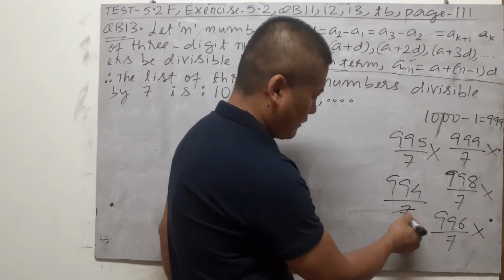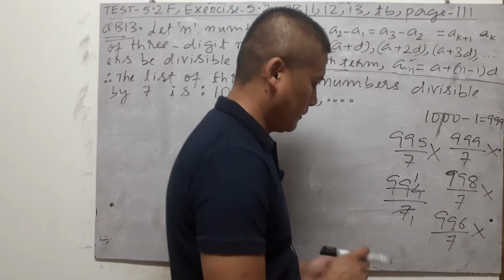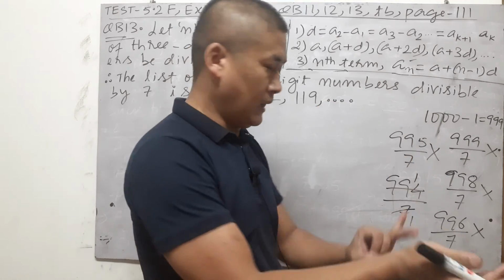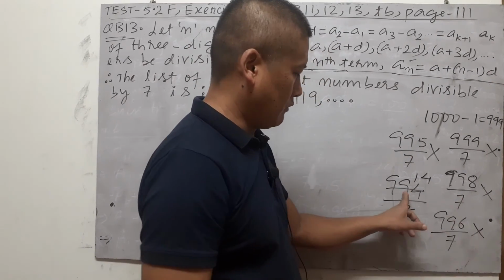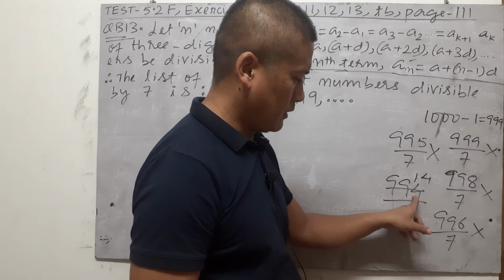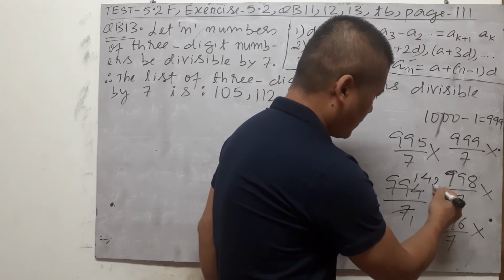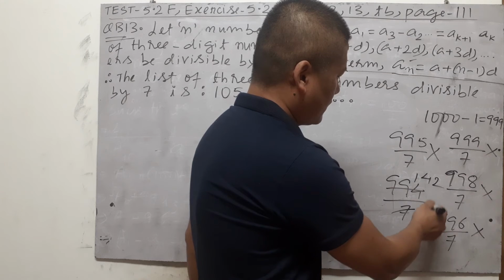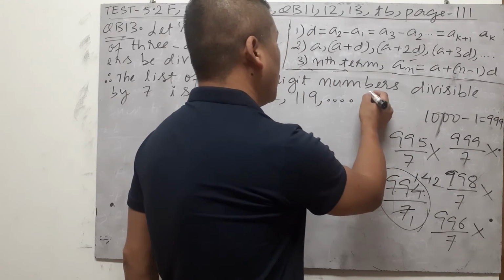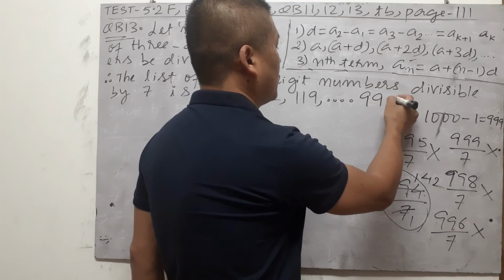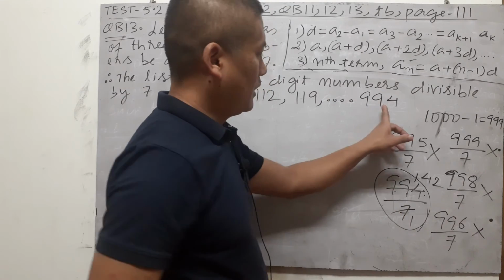You can check. 7 ones are 7. 8, 9, 2 remainder, go to the left of this 9, 29. 7 fours are 28. 29, 1 in hand. That 1 will go to the front of 4, means 14. 7 twos are 14. So the biggest 3-digit number divisible by 7 is 994. So the last 3-digit number in this AP will be 994, full stop.